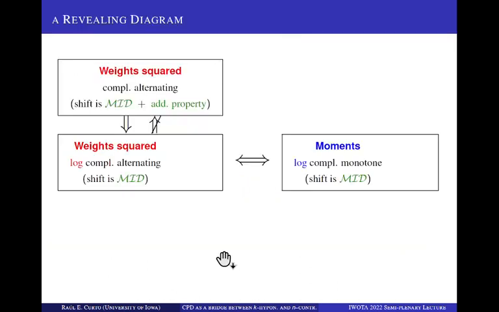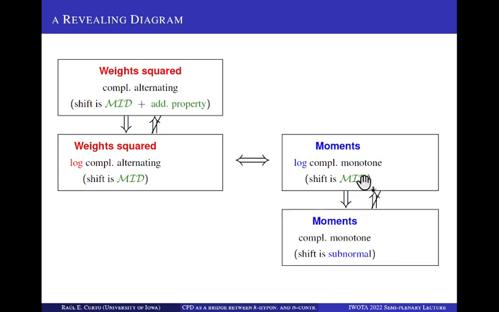Here is a revealing diagram. Weight squares completely alternating imply weight squares log completely alternating, which is a condition equivalent to MID. MID is equivalent to having the moments log completely monotone, and this implies that the moments are completely monotone.